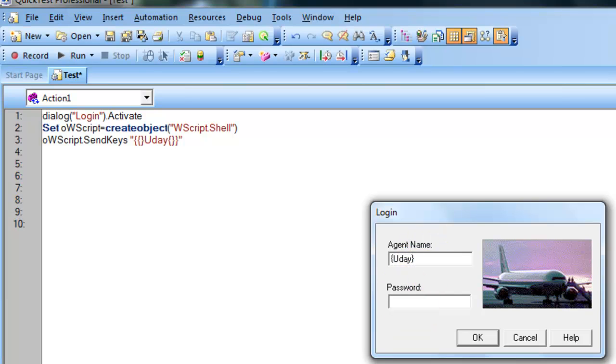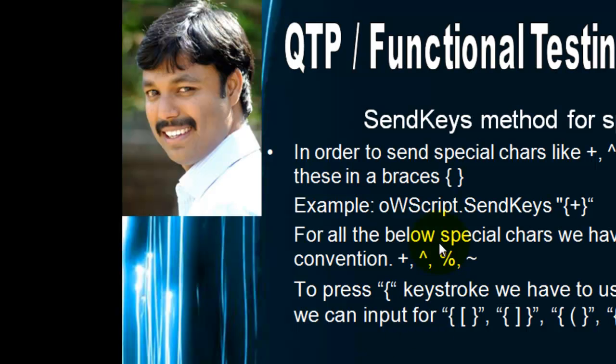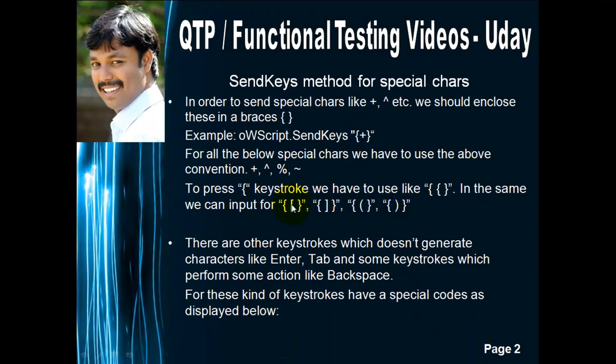So not only the plus and curly brackets, all these characters should be enclosed in these curly braces. In the next point, there are other keystrokes which don't generate characters, like enter.